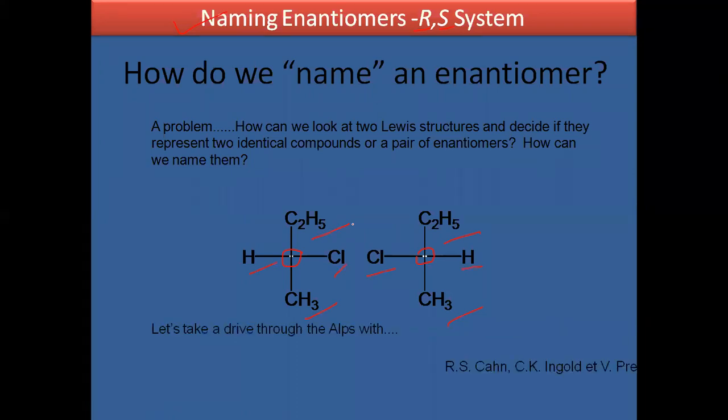For naming these isomers, let's take a look at the system of Cahn, Ingold and Prelog, which gives the assigning system in the form of R and S. The total naming system was introduced in 1956 by these three scientists, that is the Cahn-Ingold-Prelog system.